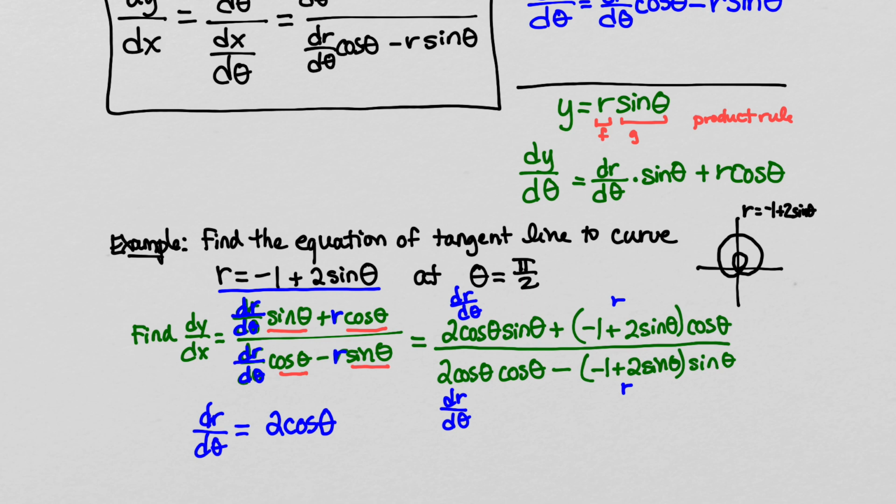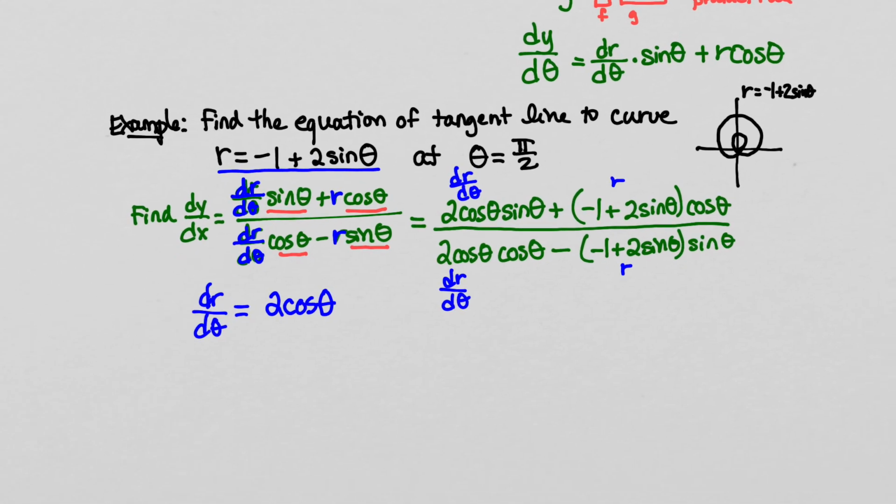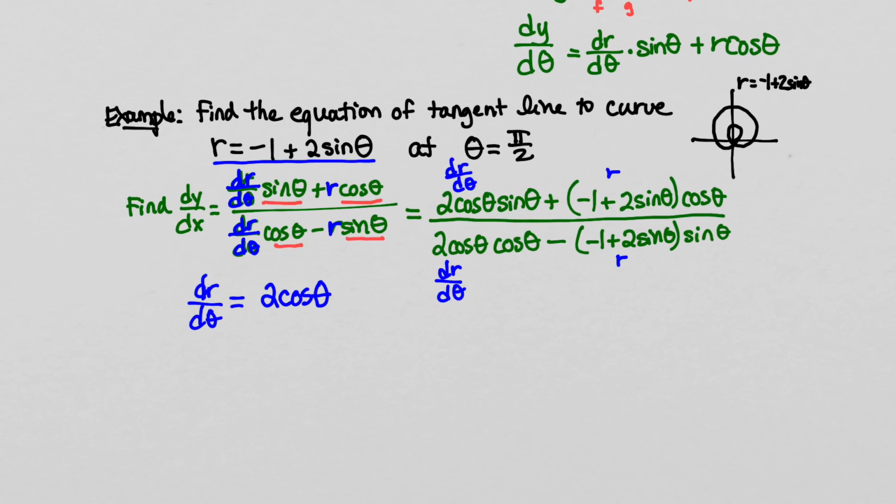Now, we could do a little simplifying, and you would get 4 cosine theta sine theta minus cos theta on top, and 2 cos squared minus 2 sine squared plus 1 on the bottom. We could simplify this down, but we don't need to, because we're just asked to find the equation of the tangent line to the curve. So that means specifically we want to find dy dx at the point theta equals pi over 2.